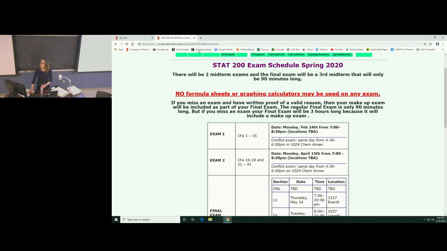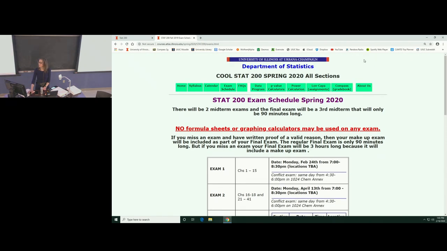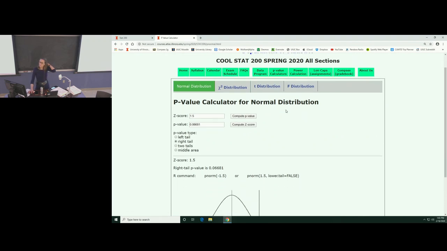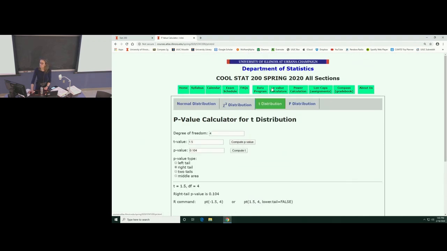So let's say there's two ways we can look on the p-value calculator if you want. Why don't we do that first? And just so you can know how to do this on there. So let's go to our PC. And here's our p-value calculator right here. All right, so now the t distribution.